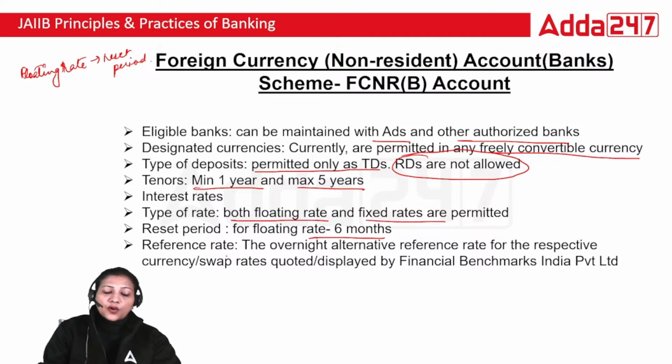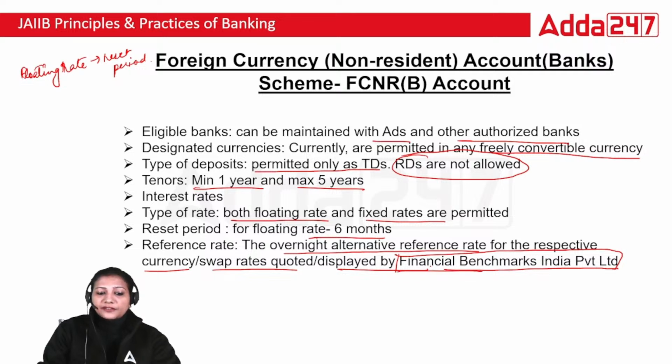Similarly, for floating rate in case of FCNRB, we will have the reference rate as the overnight alternative reference rate, which is for the respective currency, the swap rate quoted or displayed by Financial Benchmark India Private Limited. So what the reference rate is will depend on the currency in which the customer wants to open the FCNRB account.